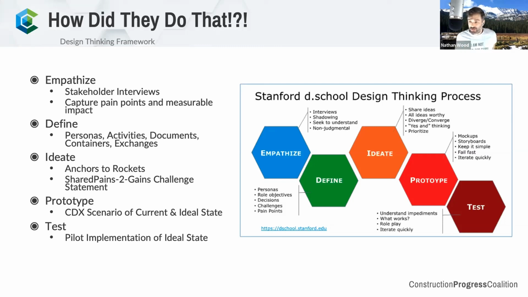Then we go through the ideate stage. I'll show you in a second what an anchors to rockets exercise looks like, to create that shared challenge statement, so that when you go off to prototype, because these hackathons are now 2 weeks long, you can spend more time really understanding the problem and getting through those 3 stages before diving into prototyping your hack.